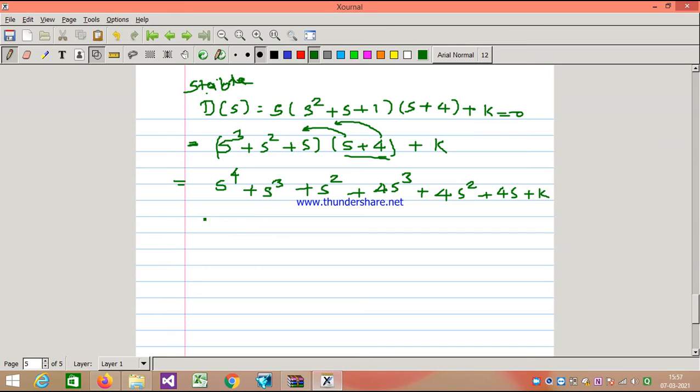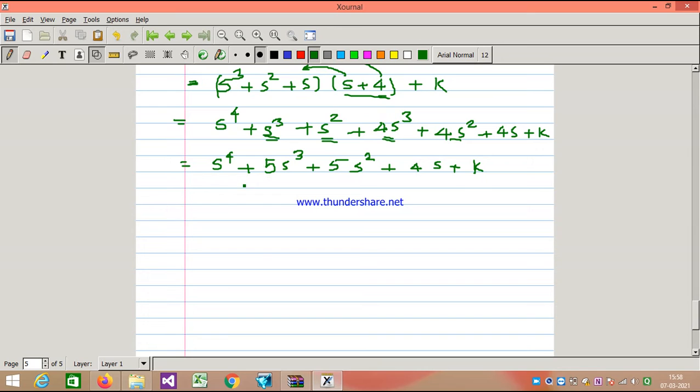Let's simplify this. s raised to 4 is single, then s cube and s cube, so it becomes 5 s cube, plus s square and 4 s square, so it becomes 5 s square, plus 4s plus k, right?